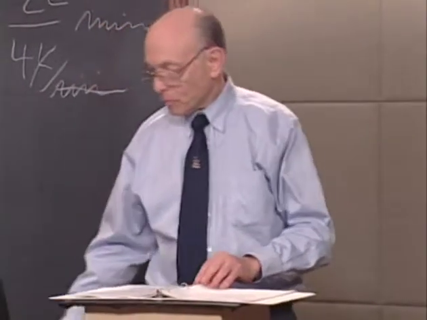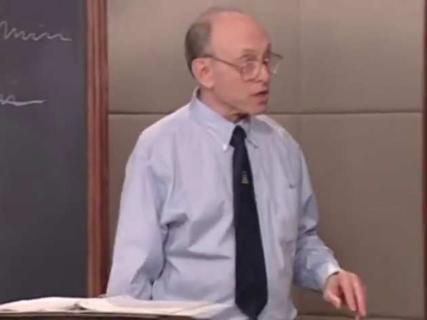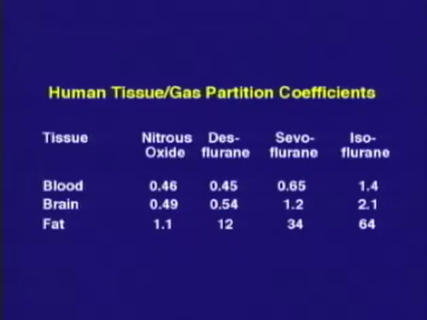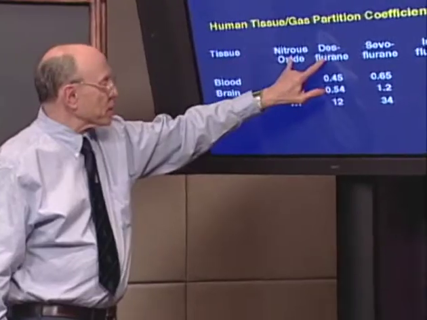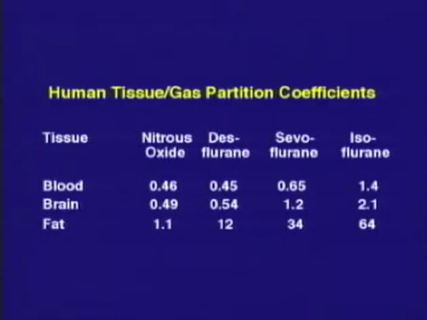Okay. As I said, we've got to also consider the tissue gas partition coefficients. Not only blood, which you saw in the previous slide, that's the blood gas partition coefficient, but also anesthetic solubility in lean tissues like the brain and fat. We need to note that desflurane and nitrous oxide are very similar in terms of their solubilities in blood and in lean tissues.